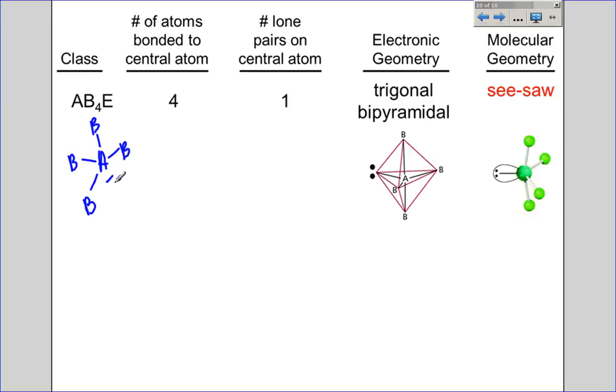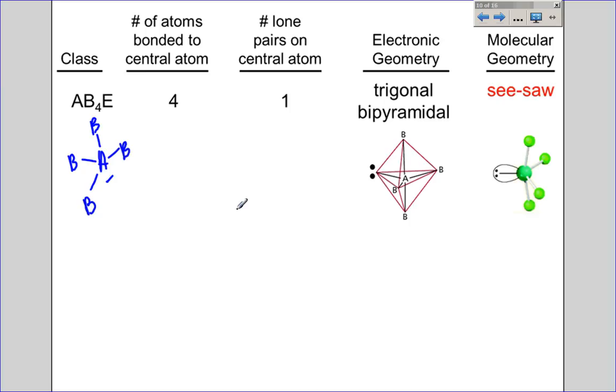Now, for this particular molecule, our decision of where the lone pair goes, whether it goes in the equatorial or the axial plane, depends on where there is more space. There is more space for the electron pair domain in the equatorial plane because the angle between those electron pair domains is 120 degrees.